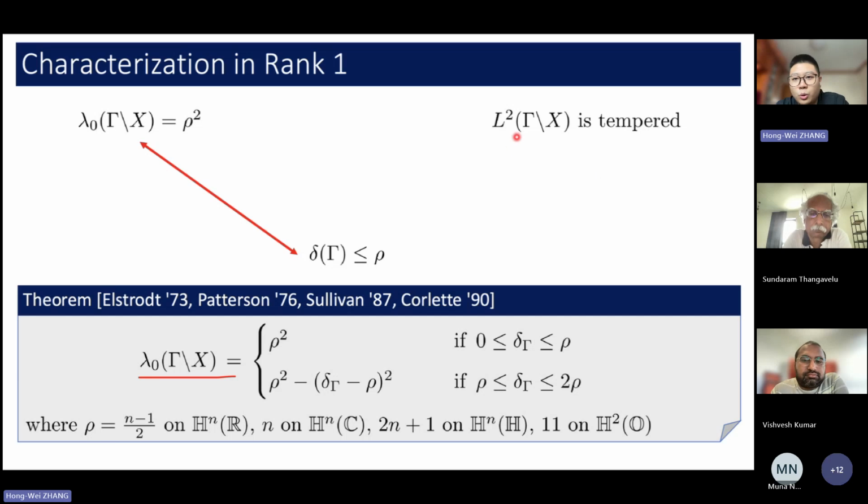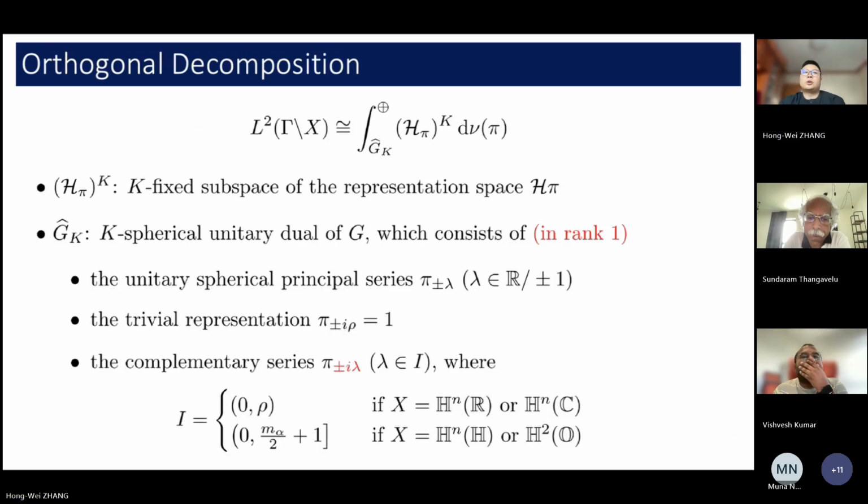But now we talk about the relationship with this L2. We say that it's tempered. Let me explain what tempered means. When we consider the orthogonal decomposition of the L2 space, then in rank 1, we know what the unitary dual G hat is, but only in rank 1.